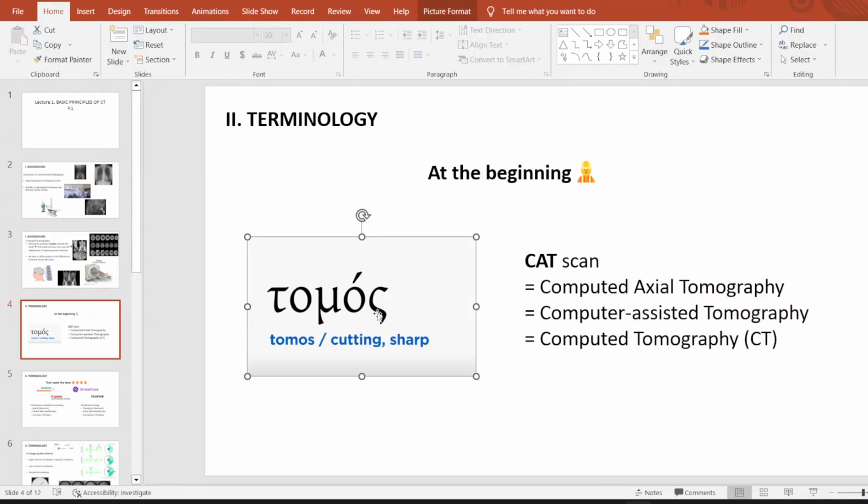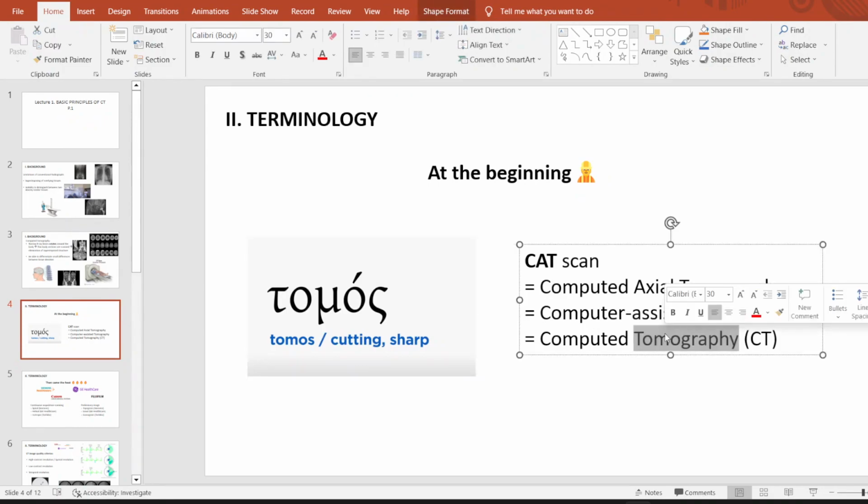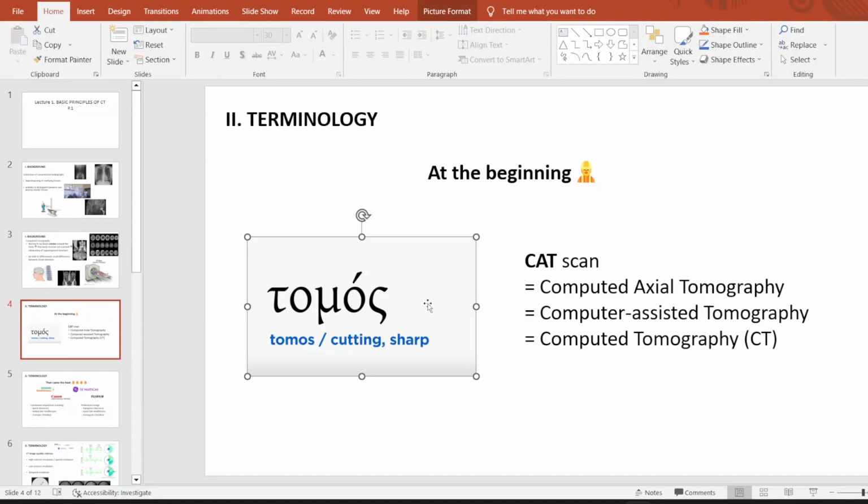And besides, on the left side of this slide, for someone whose curiosity just couldn't let your mind rest, the word tomography was inspired by the word tomos in Greek. Tomos means a section, a part of, a cutting.